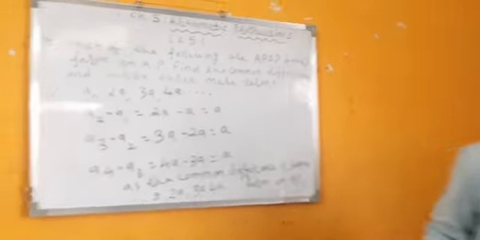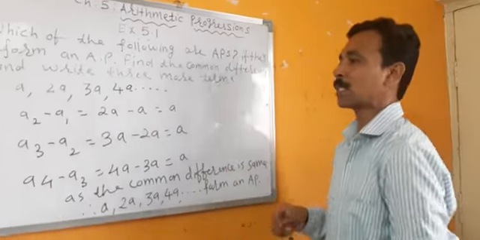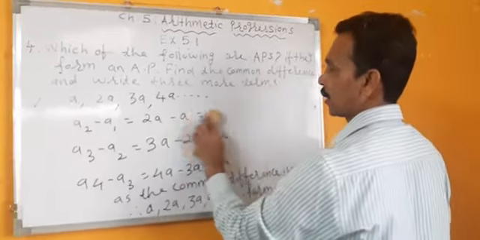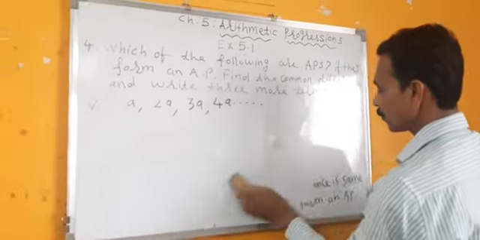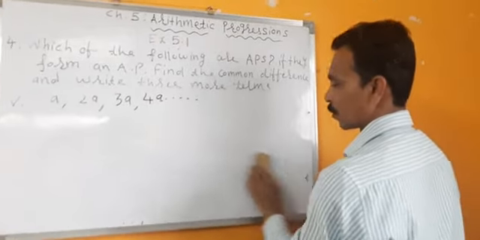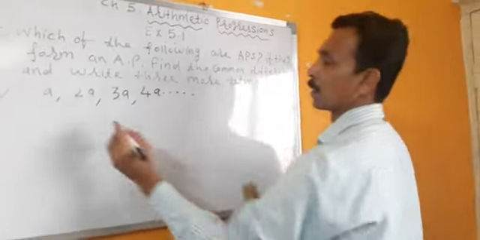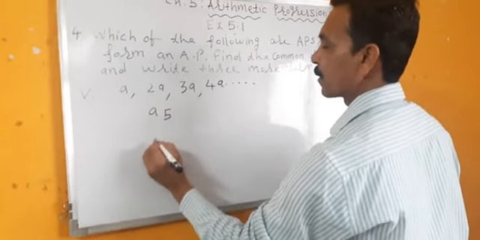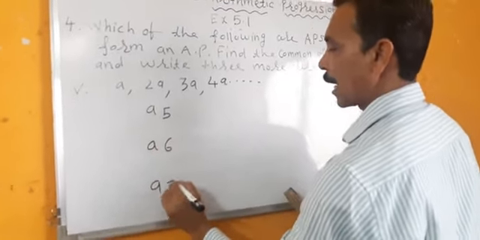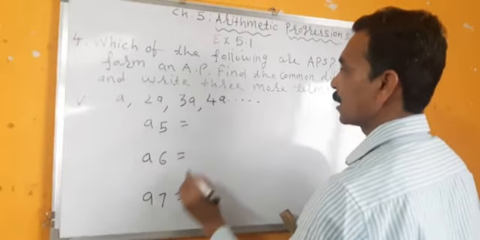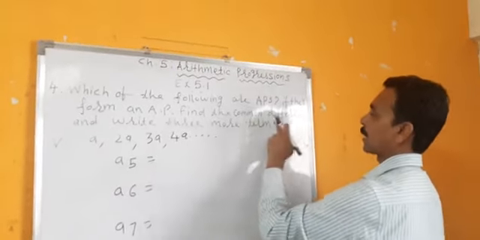And when the series forms an AP, we can find more 3 terms. So I will write here, okay? More 3 terms means what? A5, A6 and A7. These are the three more terms, right?